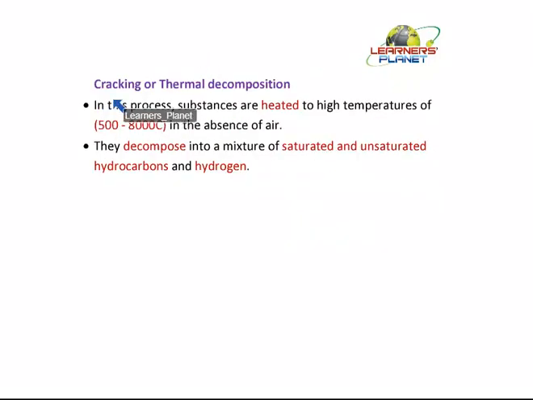Okay. Now there is one more thing which you must have come across, that is cracking or thermal decomposition. In this process, the substances are heated to high temperatures of 500 to 800 degrees centigrade in the absence of air. Let us say petroleum, or any long chain hydrocarbon, we are heating it to very high temperatures, that is 500 to 800 degrees centigrade, and that too in the absence of air.